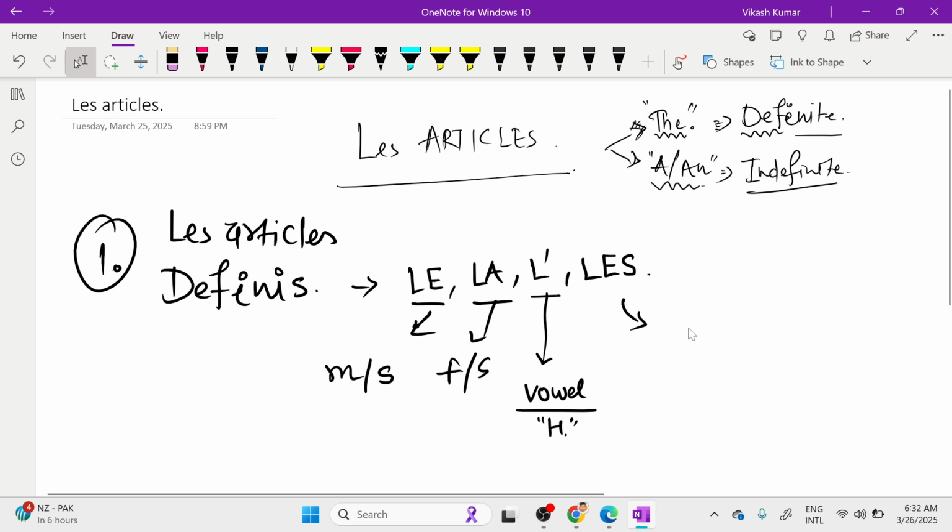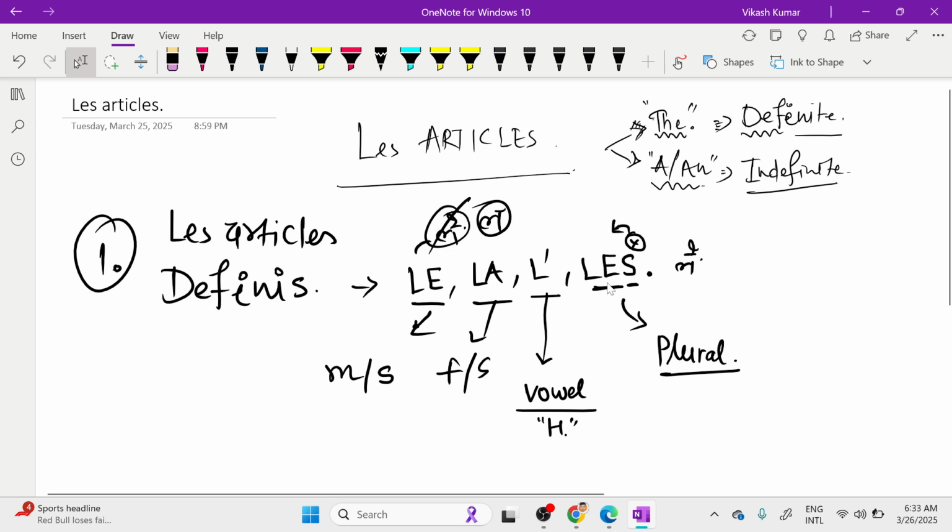And what about les, lay? It is plural. So why are we saying lay, not less? Because of a consonant at the end, not completely pronounced, but it's already giving the impact of its sound on the letter. Otherwise, we would have been saying la to this also, but we are saying le to this.